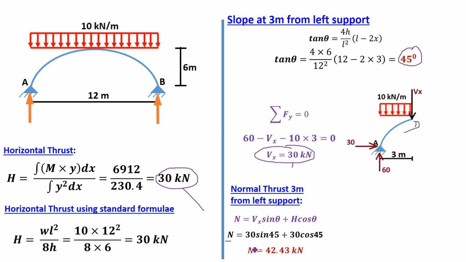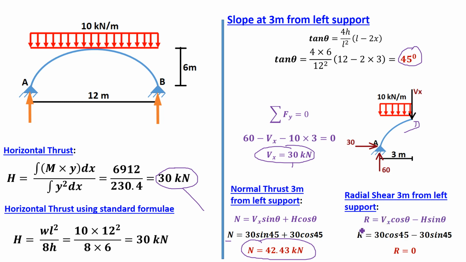If you put the values, you will get the normal thrust value 42.43 kilonewton. Similarly, radial shear at 3 meter from the left support, R equal to Vx cos theta minus H sin theta. So R equal to 30 cos 45 minus 30 sin 45, so the value of R is equal to 0. So these are the values of normal thrust and radial shear.